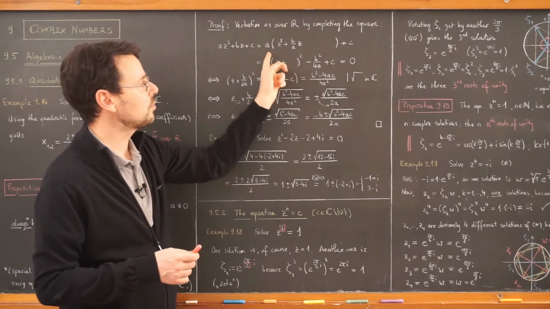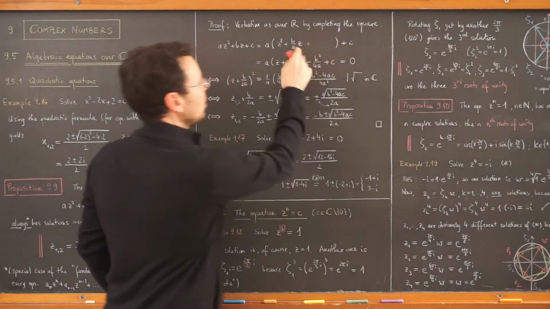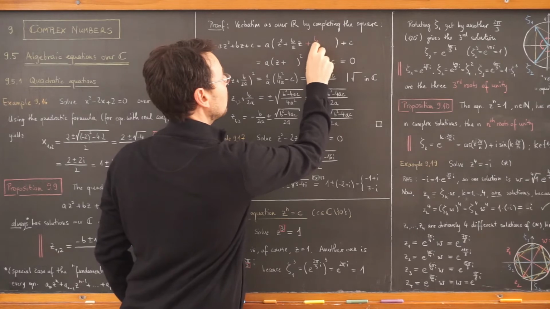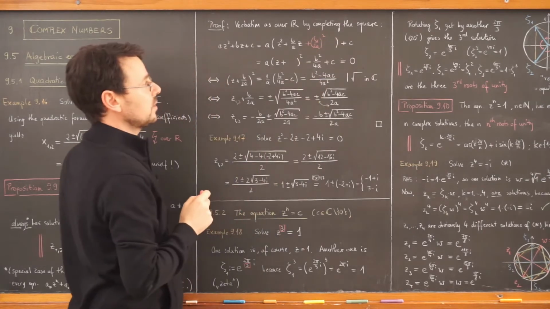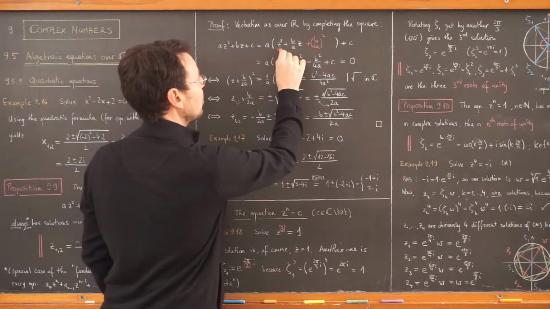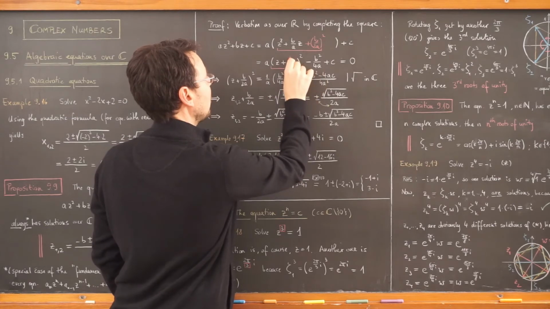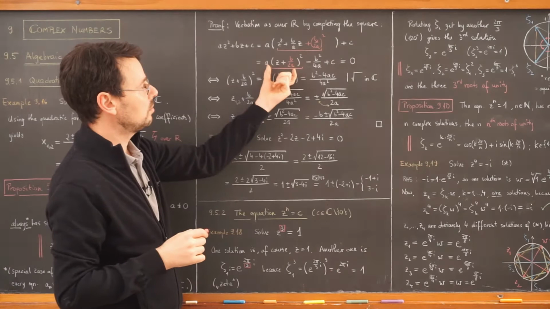And now I want to produce a complete square. So I have to divide this guy here by 2 and square it, because now the red terms form a complete square.